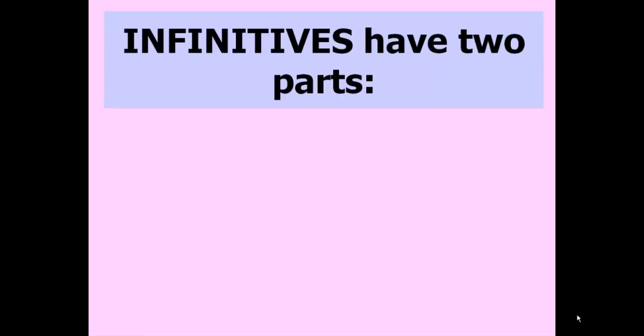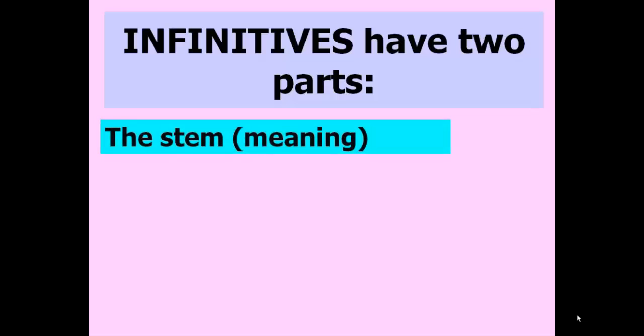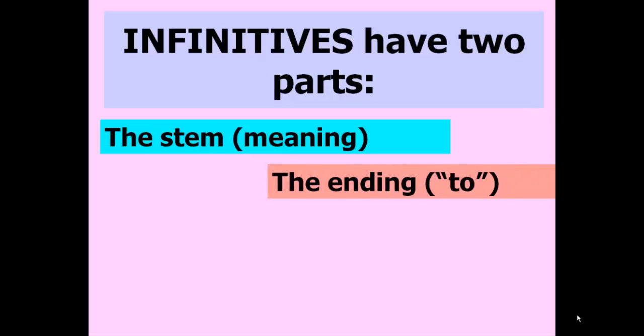Next, infinitives can be broken into 2 parts. First, there's the stem, and that's the part that actually carries the meaning of the action itself. And then, the ending. The ending always means "to," no matter which way it's spelled.